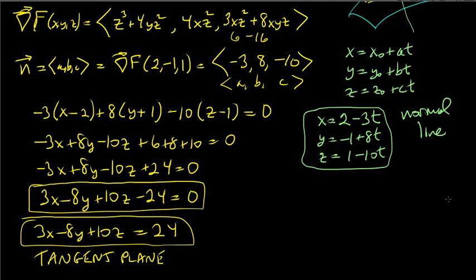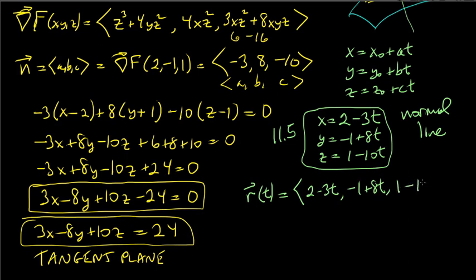Of course, you did this back in chapter 11, right? 11.6, I believe. Oh, no, 11.5, I believe it was. But you can also write it, of course, as a vector-valued function at this point. So this is just our vector-valued function, our position function for a point on the line.